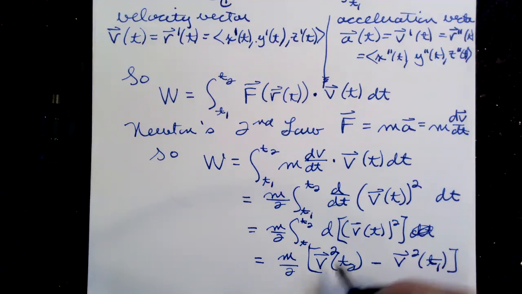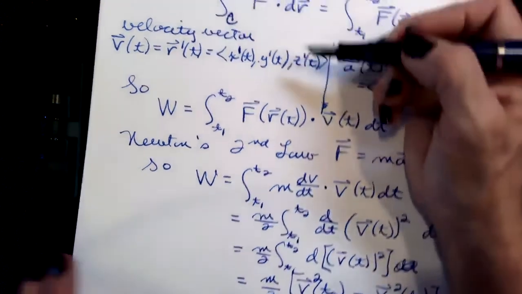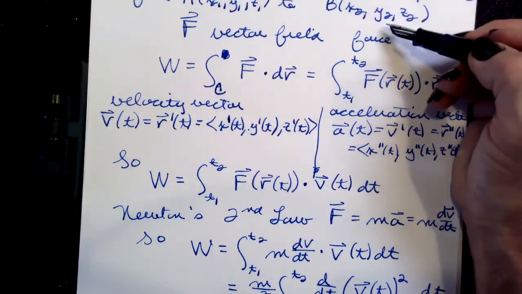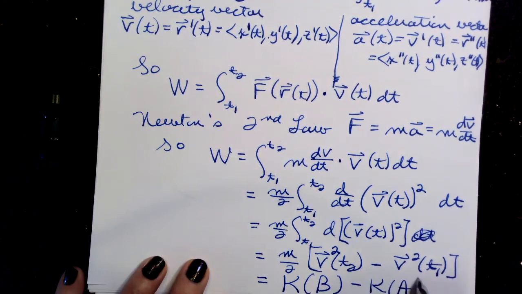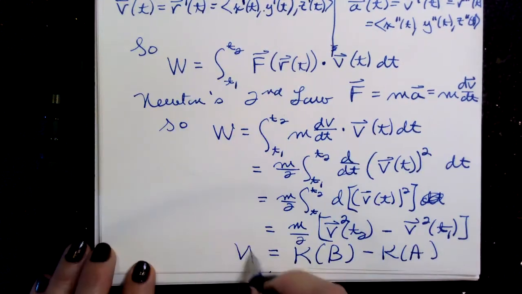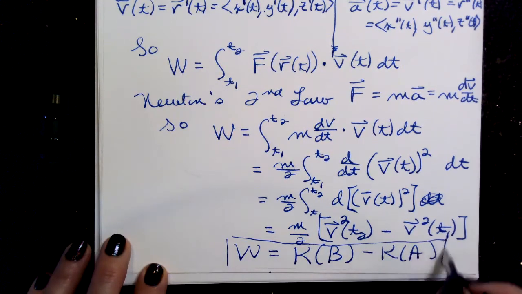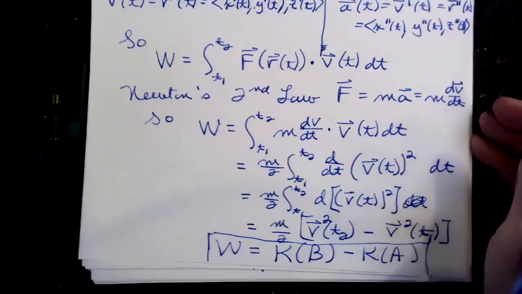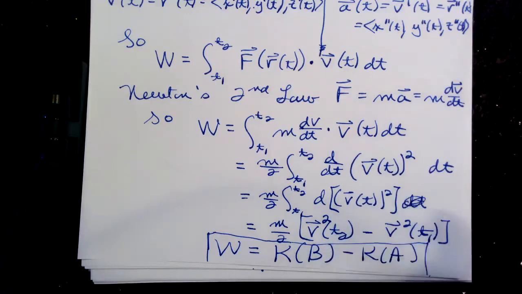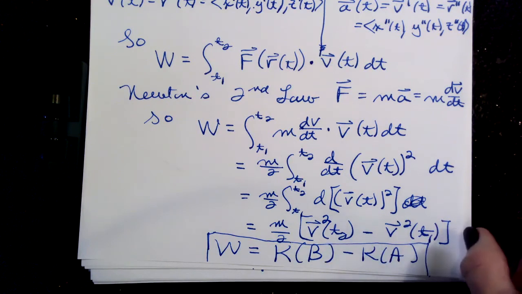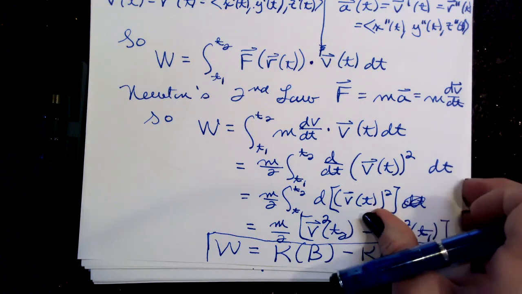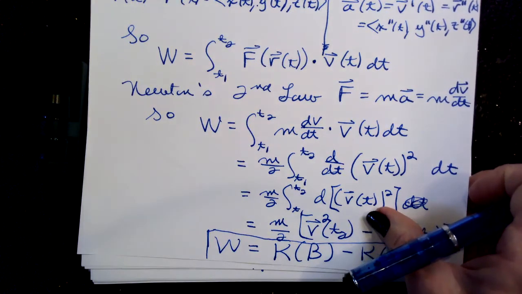And when you're on the parameterization at T2, you're at the point B. So let's write this as the kinetic energy at B minus the kinetic energy at A. So what we just showed, using Newton's second law and the fundamental theorem of calculus, is that the work is the kinetic energy at the ending point minus the kinetic energy at the starting point, independent of whichever path you took. That was for any force field.